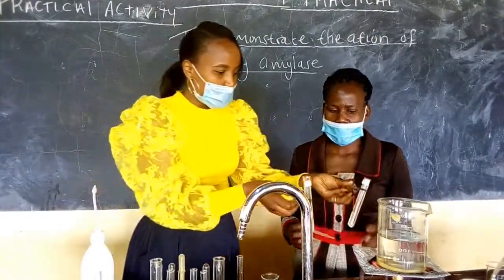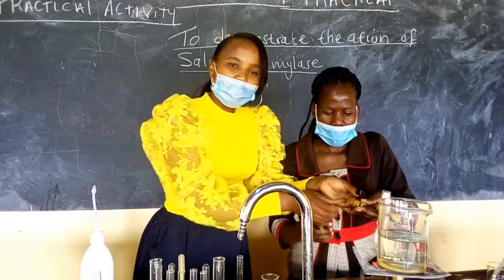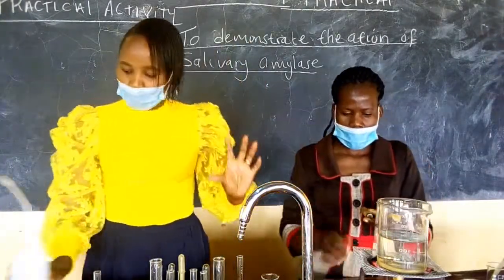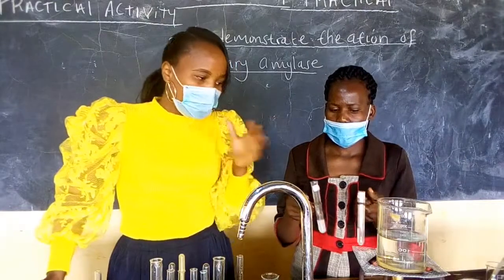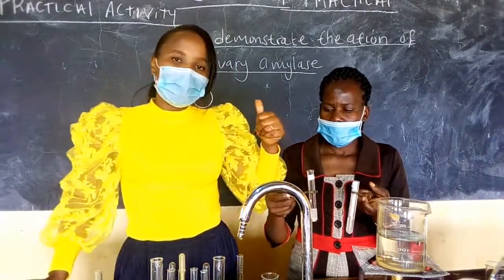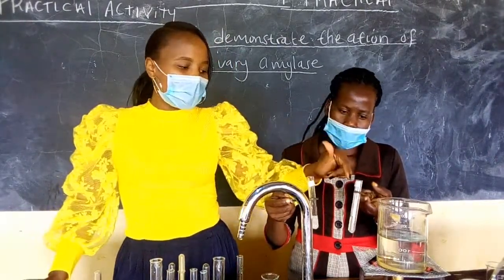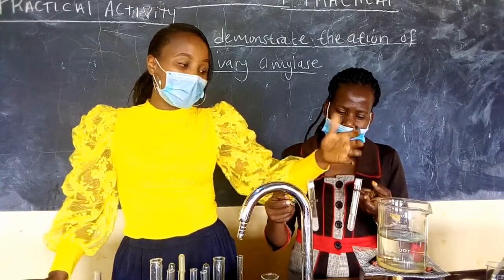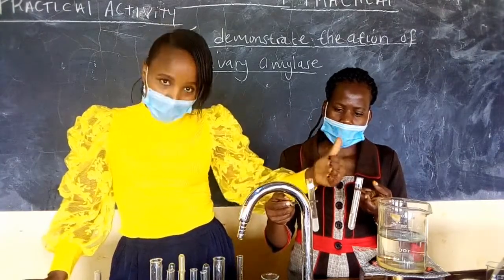Are you together? Just hold on here. So guys, this is the most crucial part of this practical, because what we have been doing, we had put starch in both test tubes.